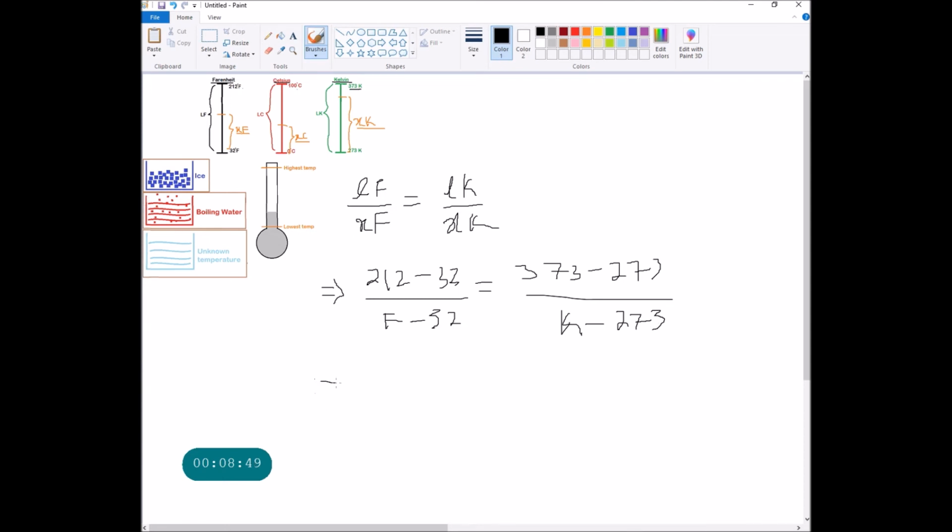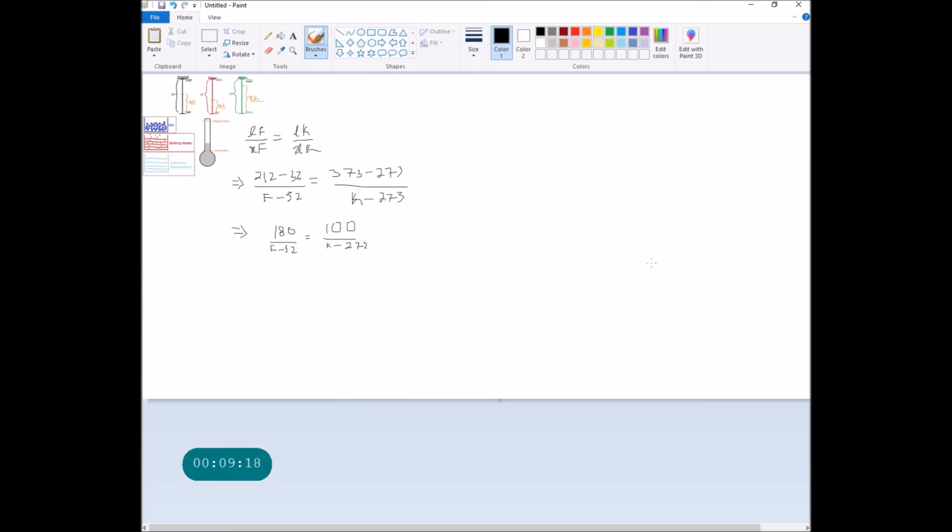Now we'll get it like this: 180 divided by F minus 32 is equal to 100 divided by K minus 273. Now again we should do the process of cross multiplication.